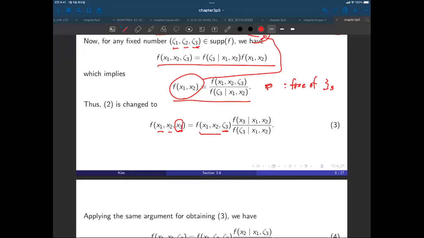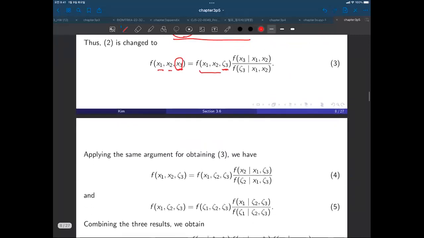The bottom line of this expression is that the original property in the joint distribution is now changed to the property of the conditional distribution. You can do the same thing. This is joint. This is in some sense marginal. It's not really marginal, but you remove x3 to make it more like a marginal, right?